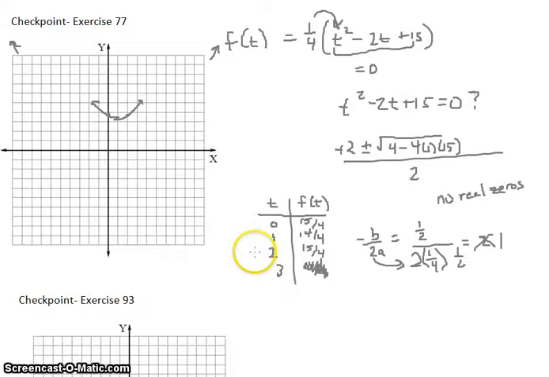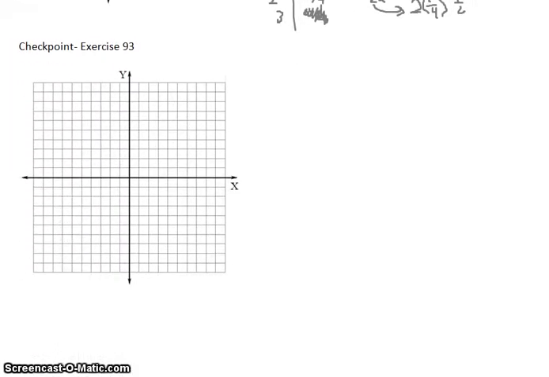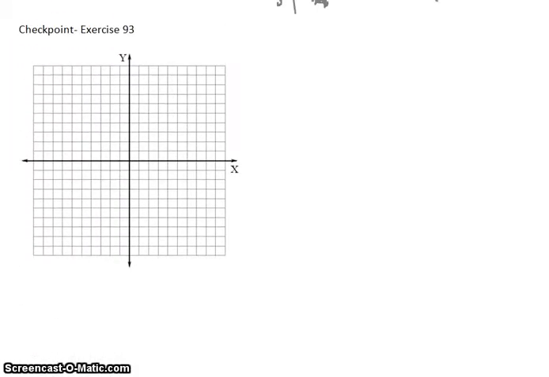If I plug 3 in, let's make sure I do that right here. Well, I can leave that for class if somebody has a question about it. If I look at 93, 93 says use a graphing utility. No, actually, does it use it? Nope, it doesn't use a graphing utility. Sorry.